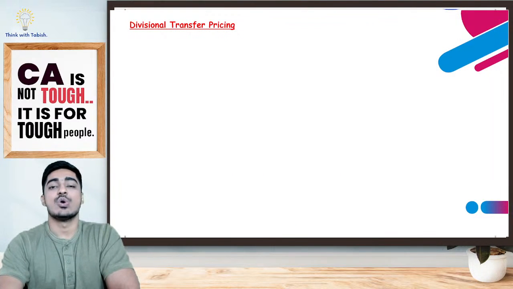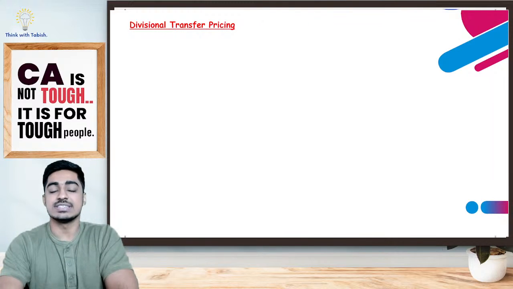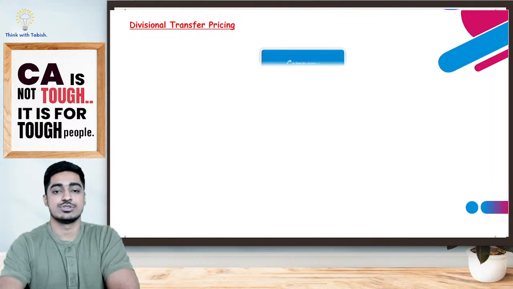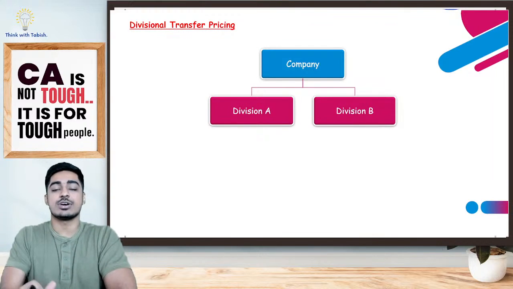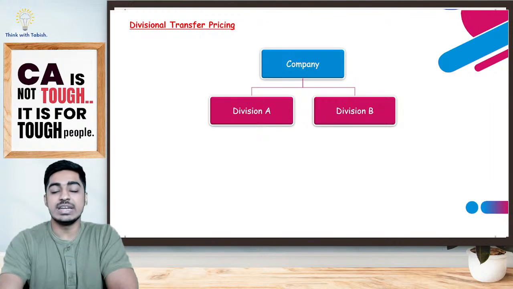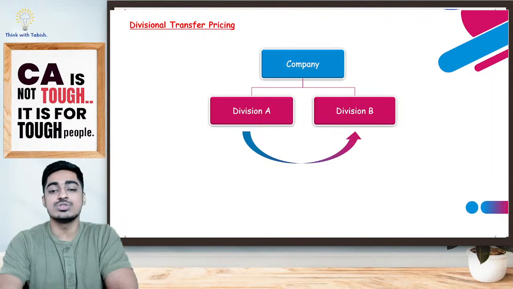The first thing: what is transfer pricing, and when is it applied? Assume we have a company and we have 2 divisions, division A and division B. One division transfers goods or services to the other division.